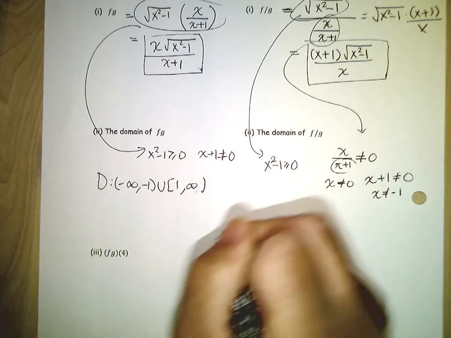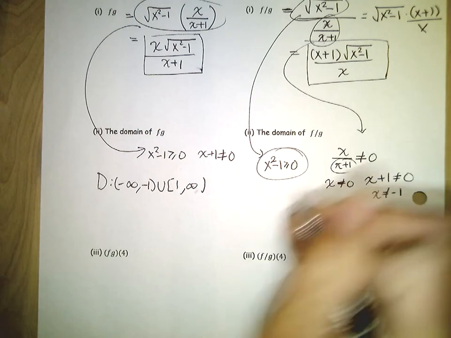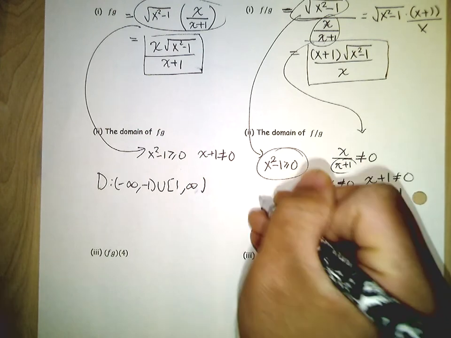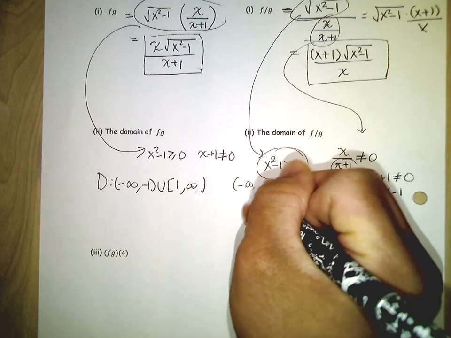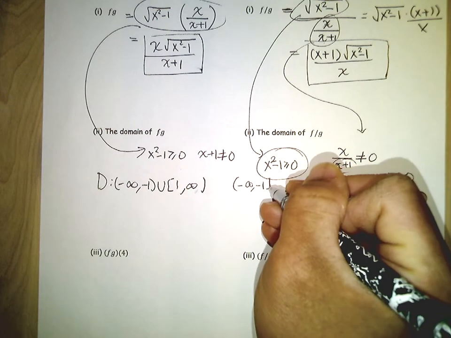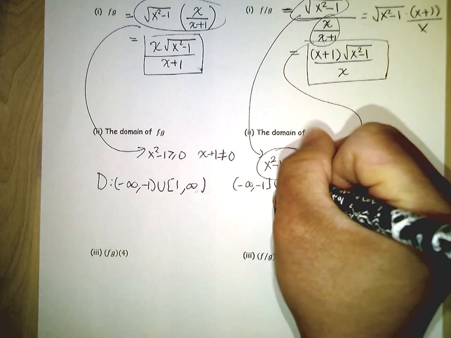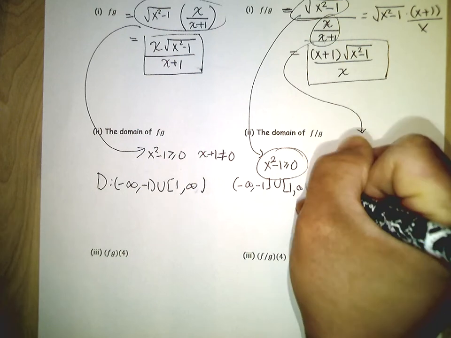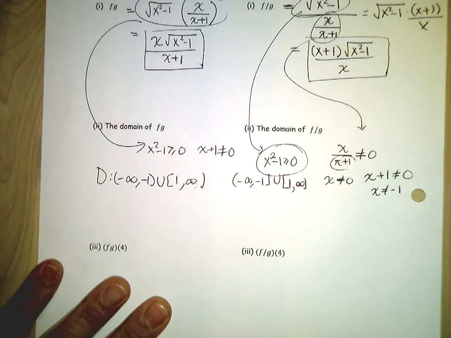So if I know that x squared minus 1 greater than or equal to 0 has a solution of negative infinity to negative 1 or 1 to infinity, I just want to make sure that I copied this down right from the last page there.